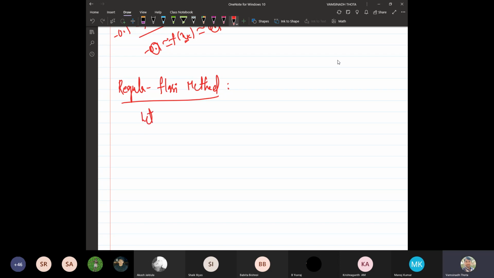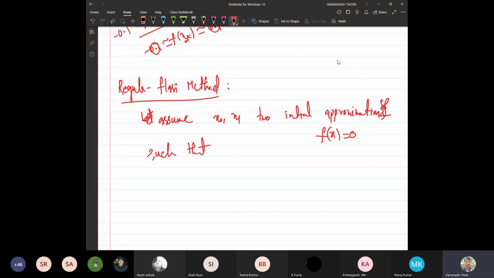We must choose, or assume, x0 and x1 are the two initial approximations to the function f of x equal to 0, approximate solutions, such that f at x0 times f at x1 is less than 0.